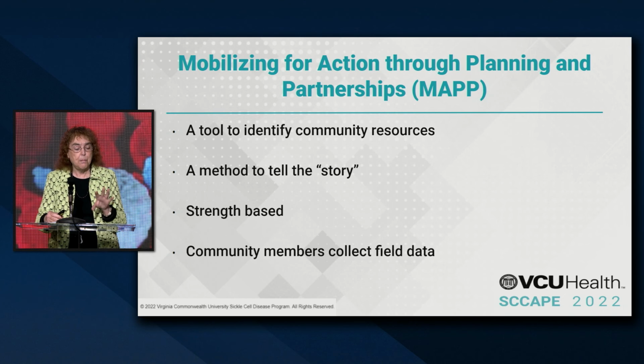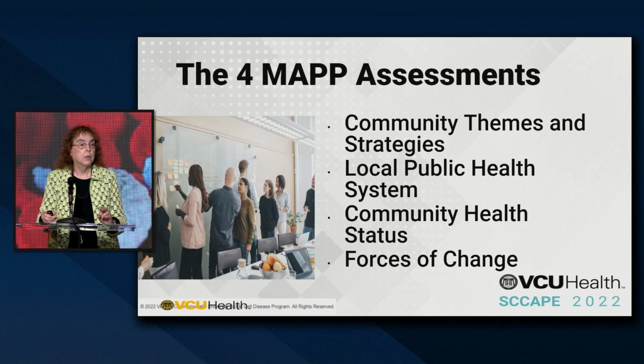So the 4 MAP assessments are the community themes and strengths, the local public health system, whatever it may be, the local community health system, which is going to include your hospital systems and your other. You may have federally qualified health centers in your area. You need to be aware of those.